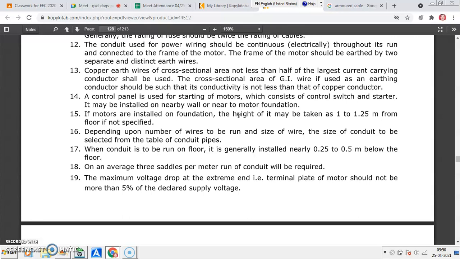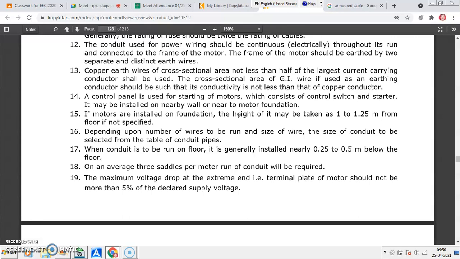The height of the foundation may be taken as 1 to 1.25 meter from the floor, if not specified. If it is specified, then you can take that. Then, depending upon the number of wires to be run and the size of the wire, the size of the conduit must be decided, so that you can easily draw the wires or conductors.